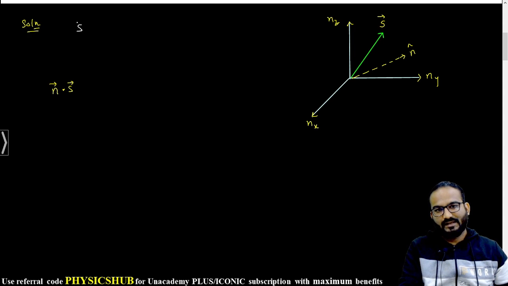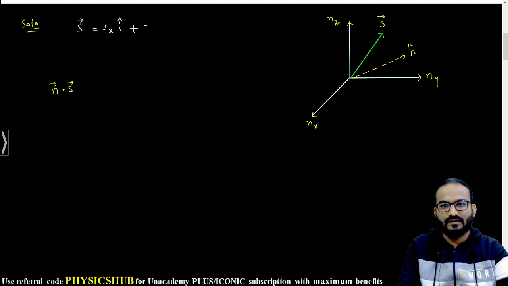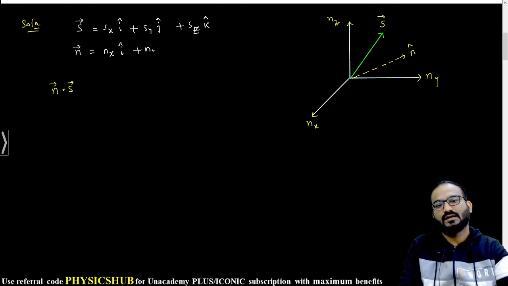What is s? s is equal to sx i cap plus sy j cap plus sz k cap, the spin angular momentum. And if we consider this vector n, the direction cosines are given: nx i cap plus ny j cap plus nz k cap, with nx square plus ny square plus nz square equal to 1.